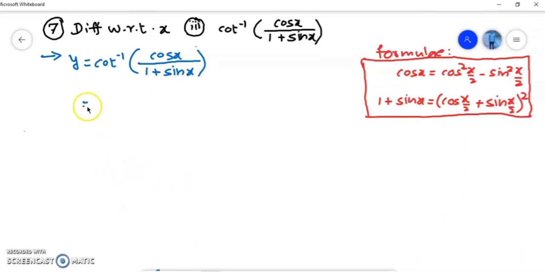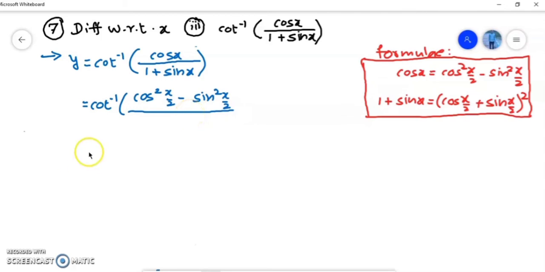It will be cot inverse of cos square x by 2 minus sin square x by 2, whole divided by 1 plus sin x, which is cos x by 2 plus sin x by 2, in brackets with the square.